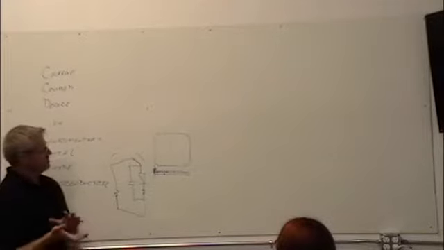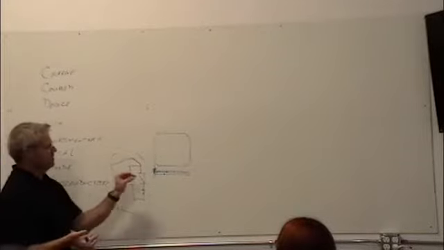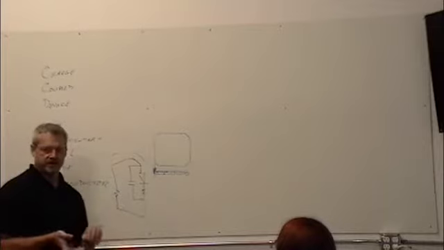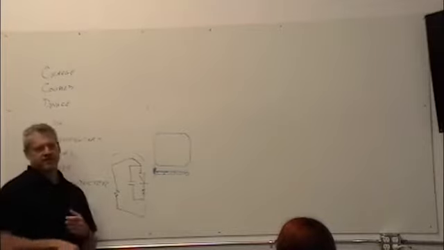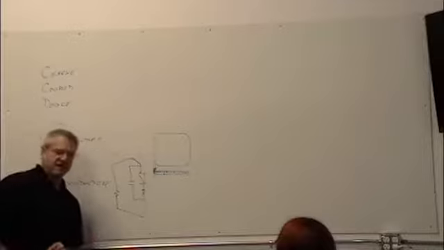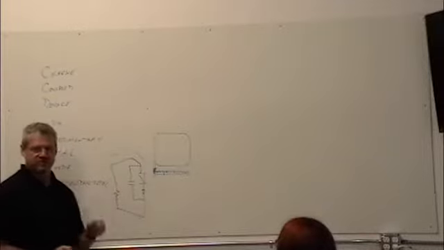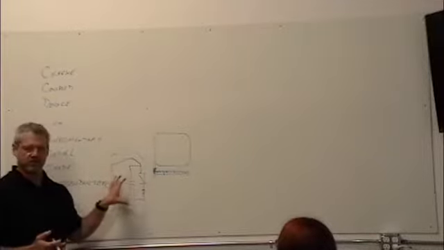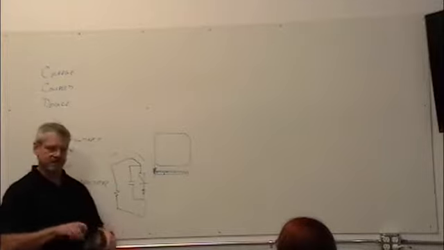If you put enough light on it that it goes above 0.7 volts, it'll actually forward bias and short itself out until it gets back down to 0.7 volts. So that junction will never put out more than 0.7 volts or thereabouts.